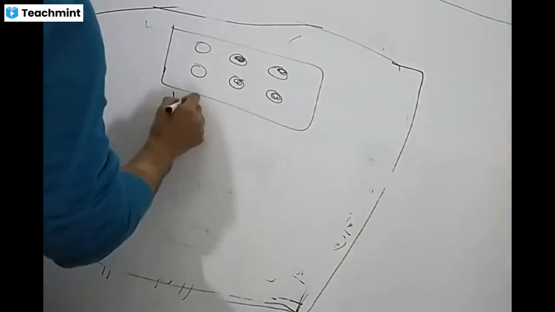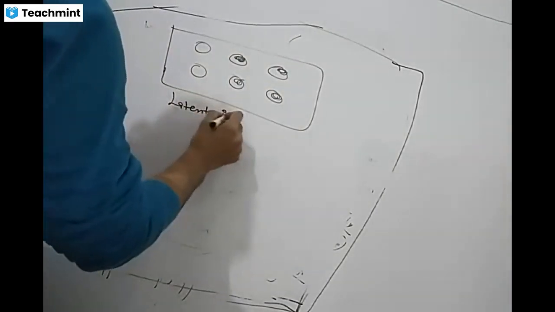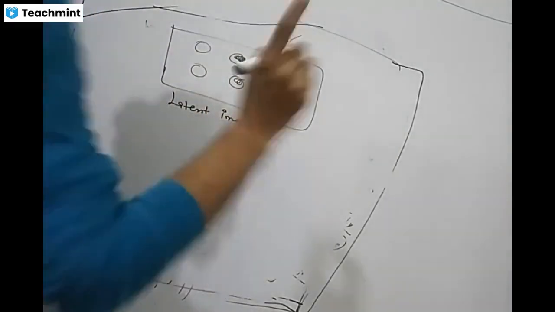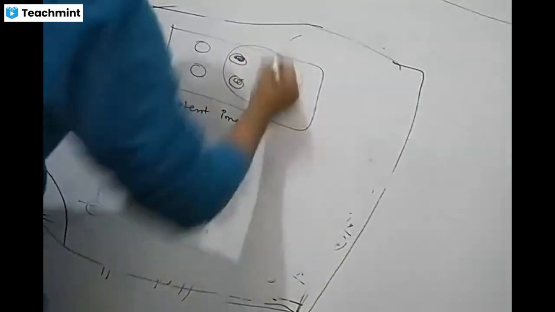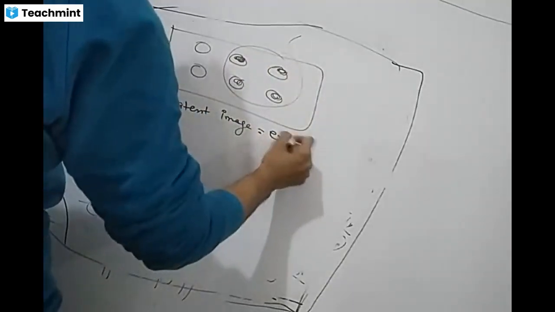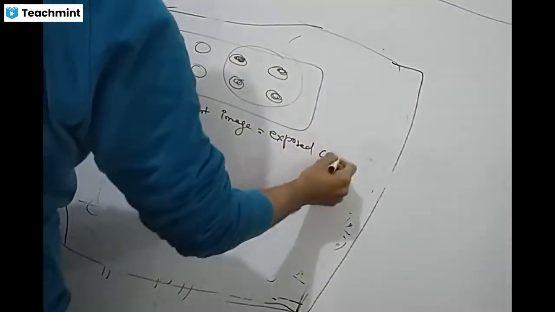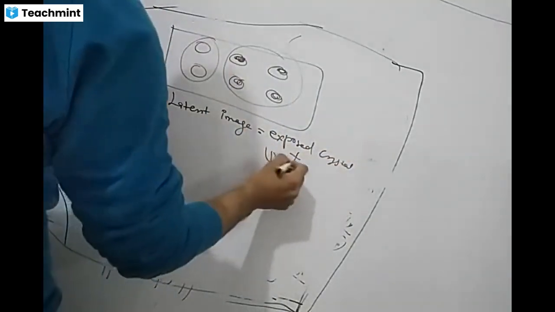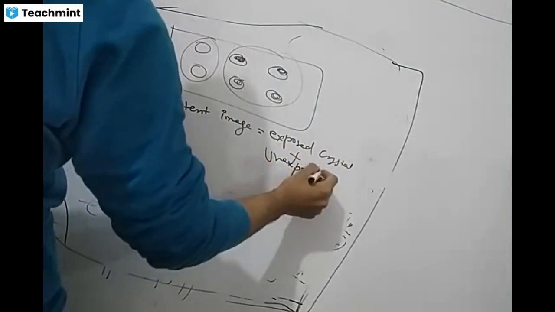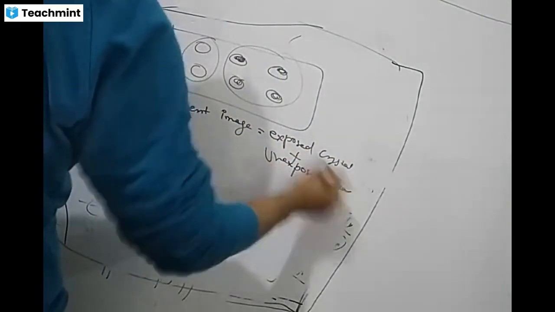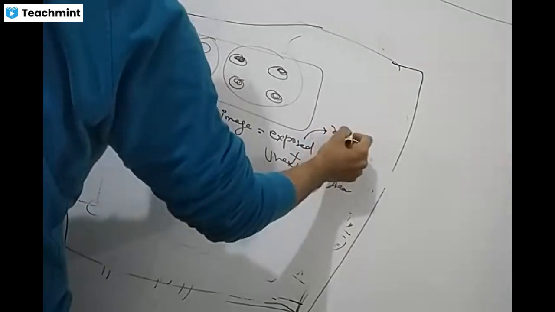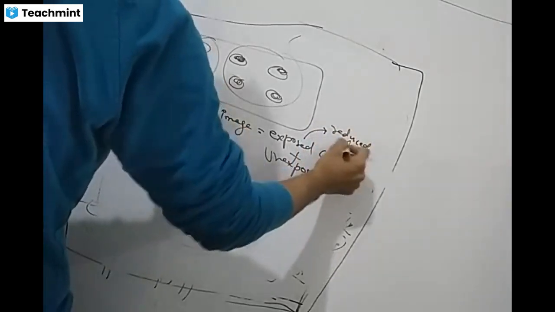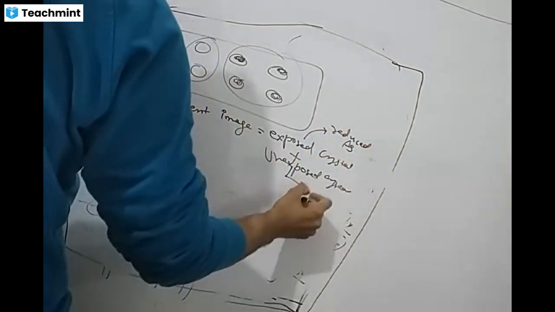So a latent image, an invisible image, consists of exposed crystals plus these 2 unexposed crystals. Exposed crystals have reduced silver and they have Ag+.